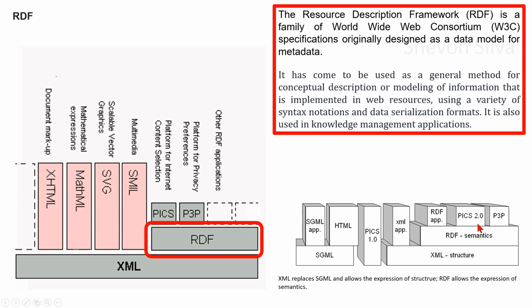This will make it possible to mix PICS labels with information about privacy, for example, from the P3P project, which will use RDF. Many new applications, like P3P, will be directly built on RDF.